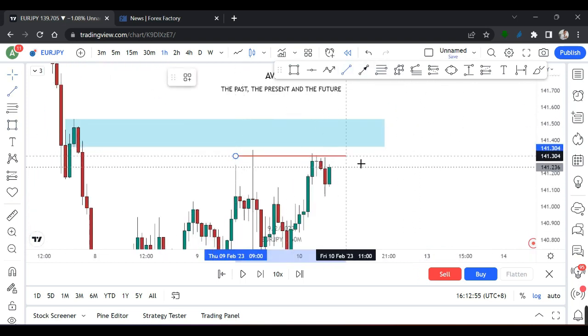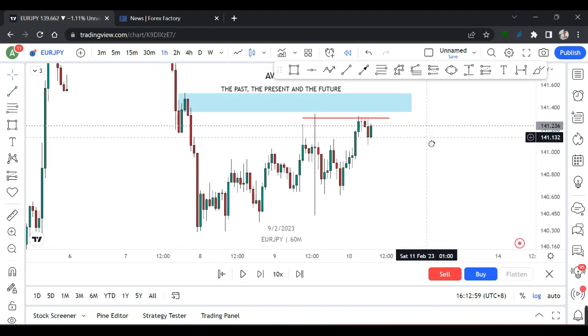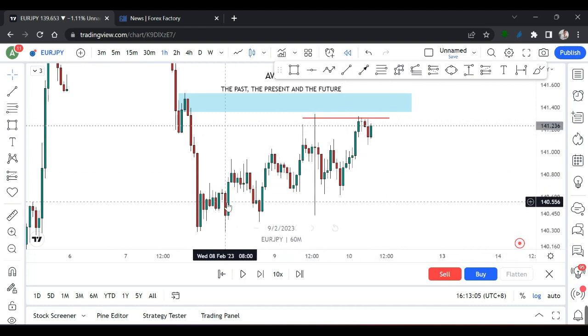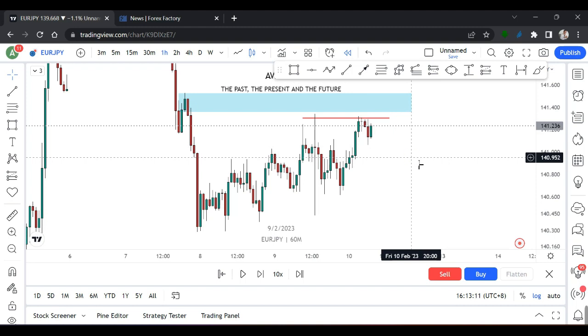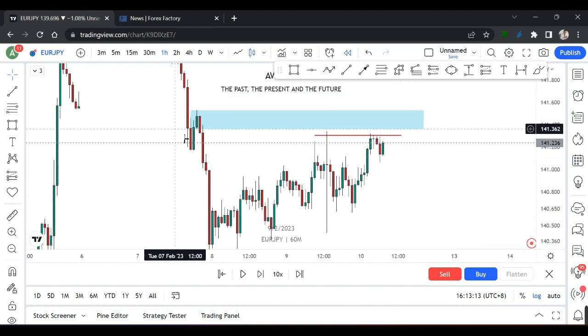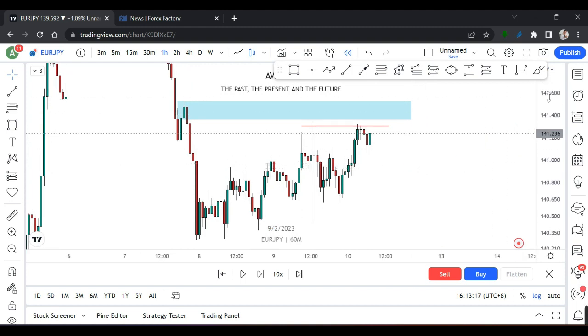That gives you a double type of confirmation. A fake out plus compression is something we call CPLQ, compression liquidity. Usually this is an extremely nice area to trade towards the downside.